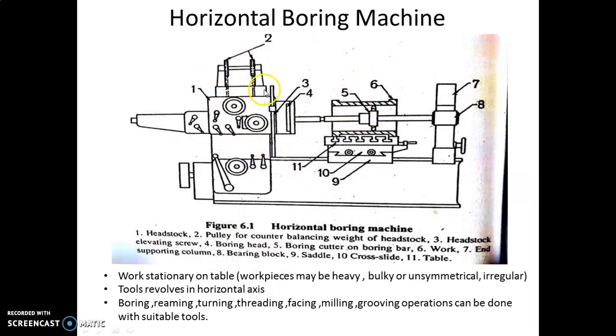This is a general sketch of a horizontal boring machine. Number 1 represents the headstock.